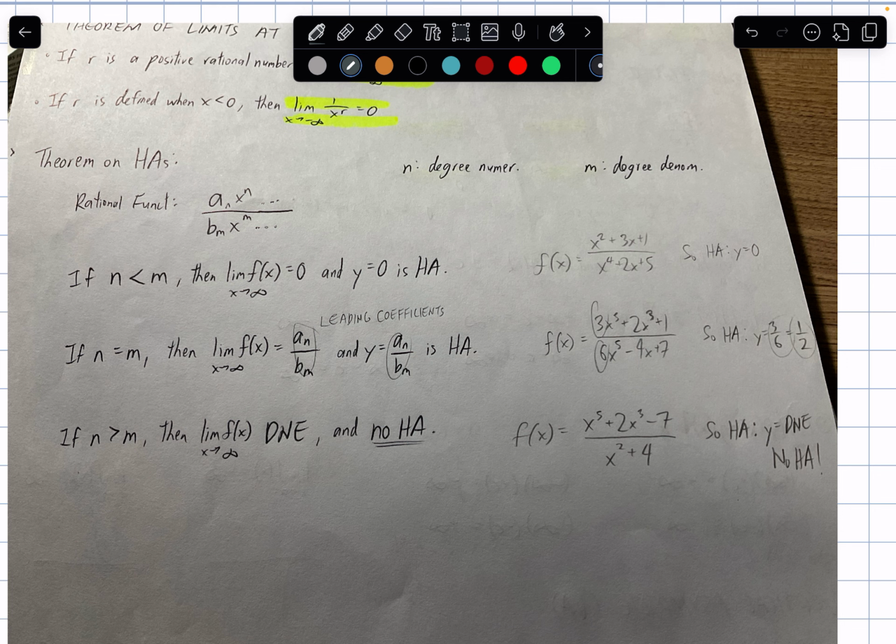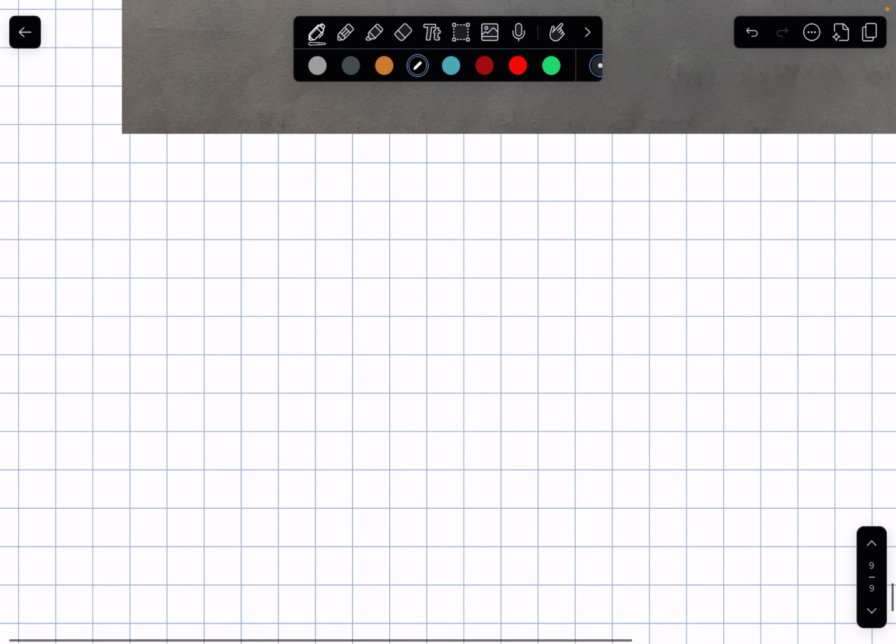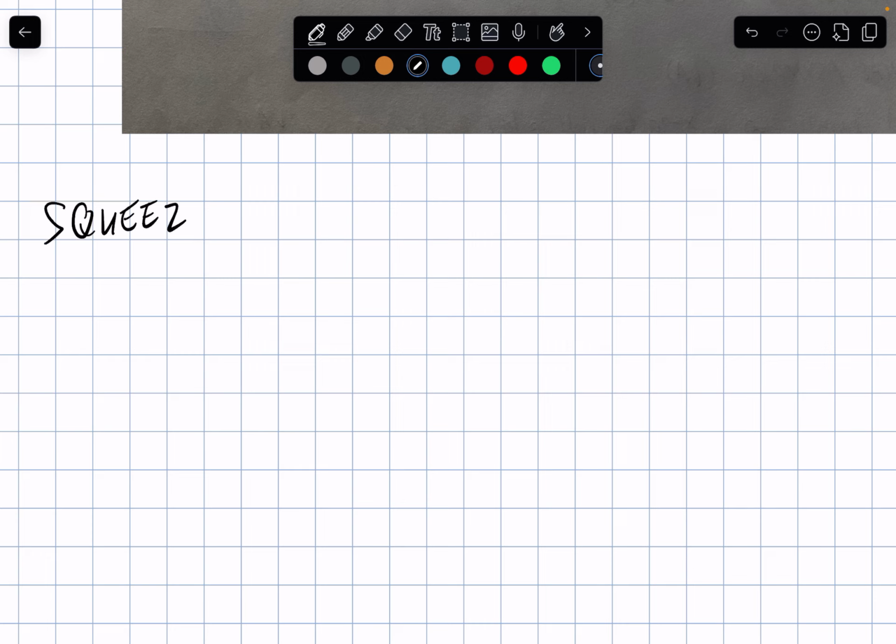Squeeze theorem. There are two things that you'd want to know on the squeeze theorem. Actually, let me just write it. This is in other words called sandwich or pinching.